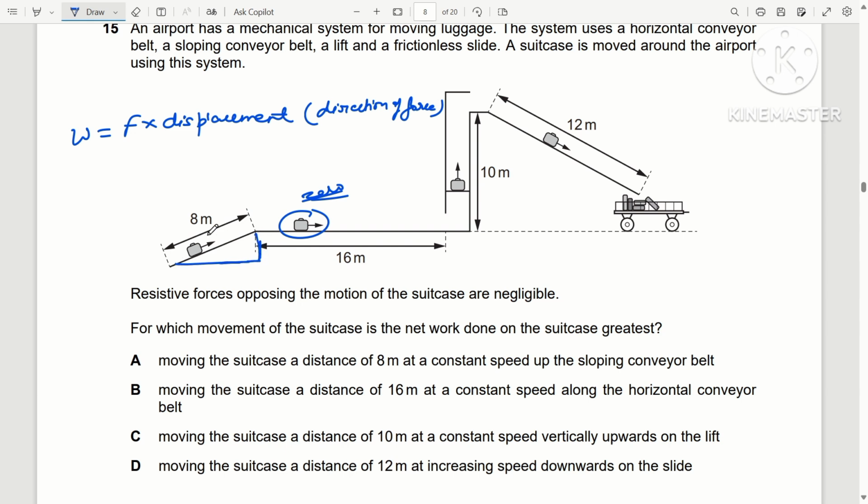So it will be less than 8. In this case it will be 0, and in this case if you calculate the height, this height only, this is less than 10, and the highest displacement in the direction of force is in this case only. Means when the suitcase is moved through a distance of 10 meter vertically upward. So option C is the correct one.